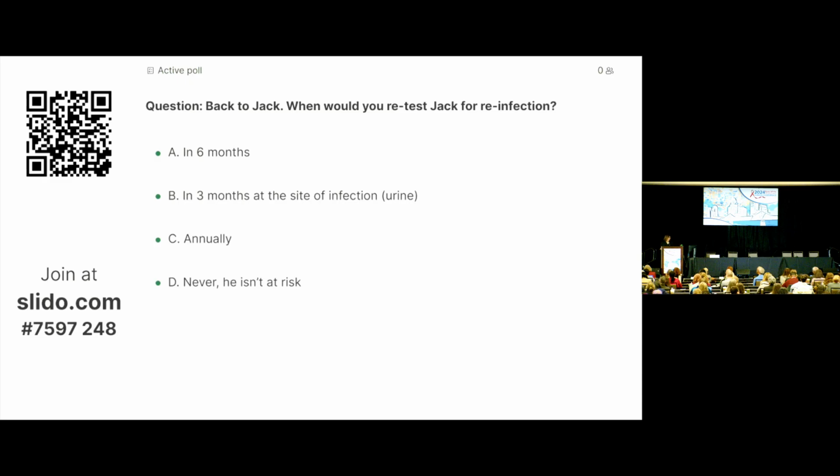So back to Jack. When would you retest Jack for reinfection? In 6 months, 3 months at the site of infection, annually, or never, he isn't at risk.